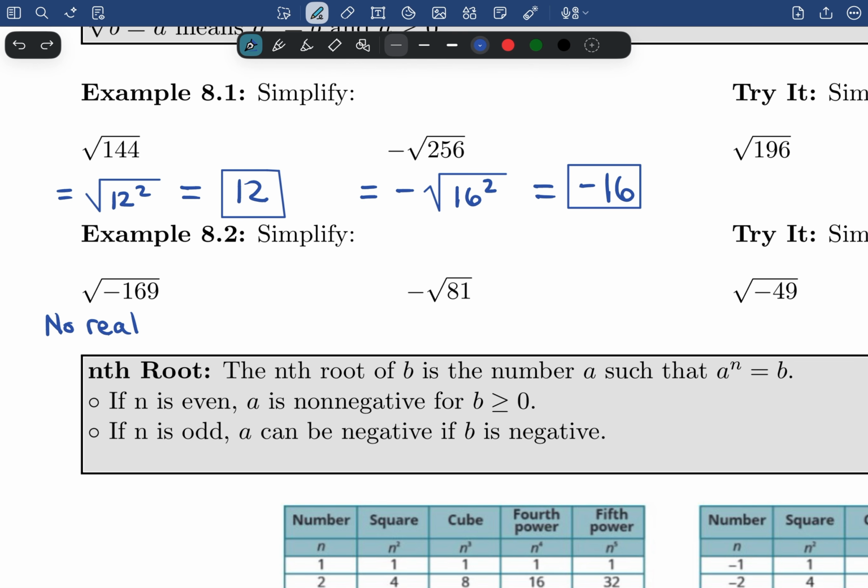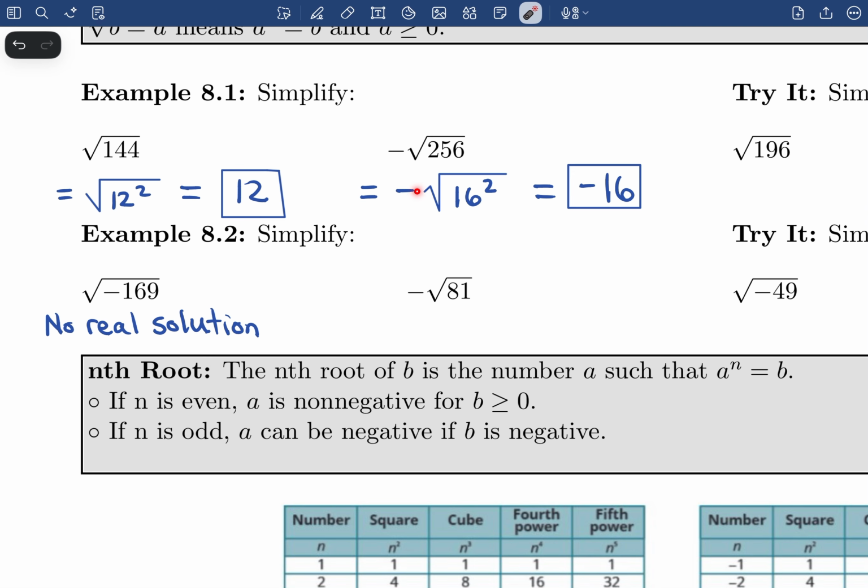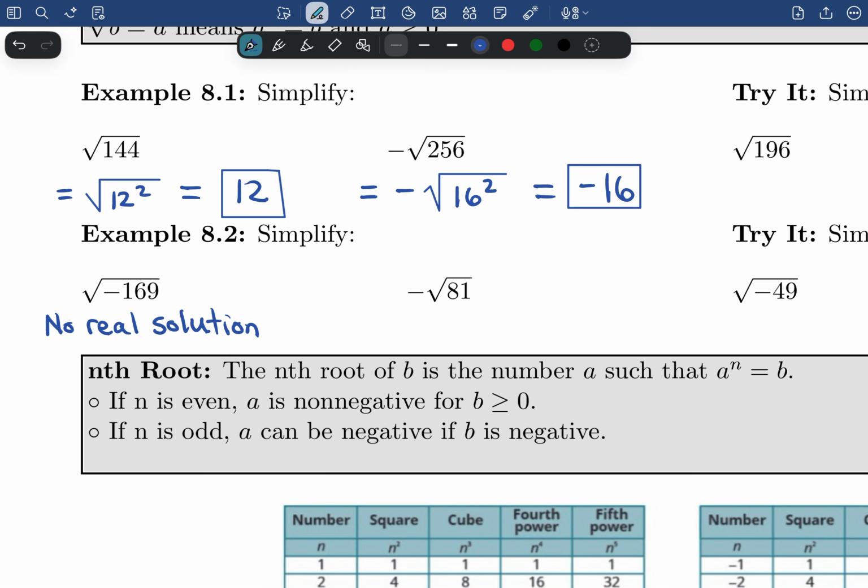So be careful with the negative sign, because if it's outside of the square root, that's fine. Outside of the even root, just put it on after you answer the square root's value. But in this case, the negative sign was inside the square root, and so there's no real solution. In fact, in the past, you may have learned about imaginary solutions. And so it would be an imaginary solution, but we're not going to worry about that just yet in this course.